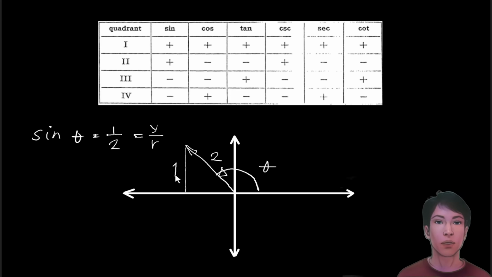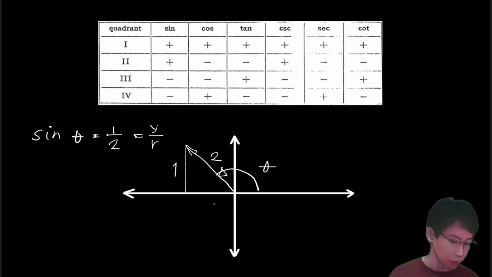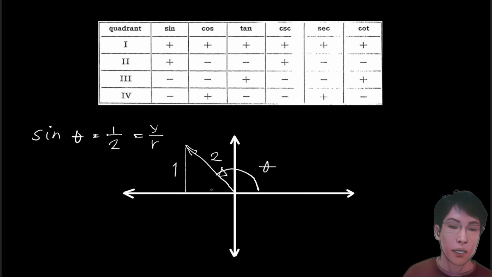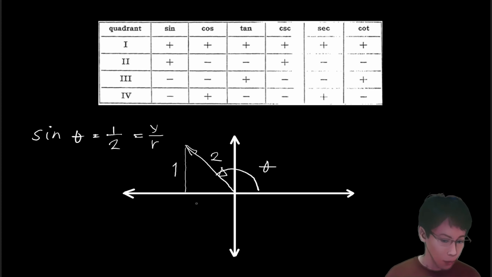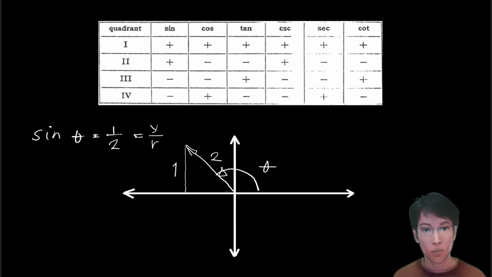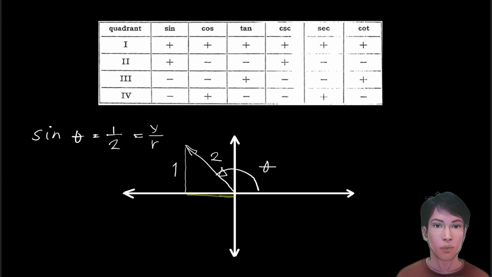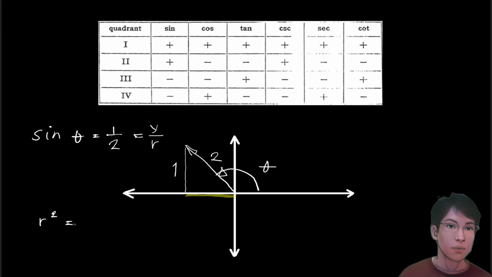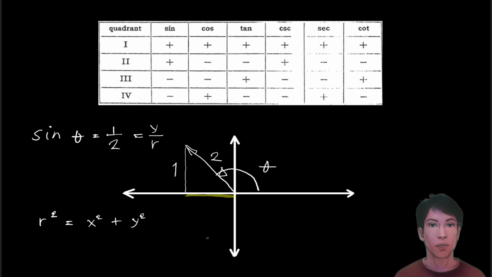So if we are asked to get the value of the abscissa, or the x-coordinate, we will simply employ the Pythagorean theorem, wherein r squared is equal to x squared plus y squared.